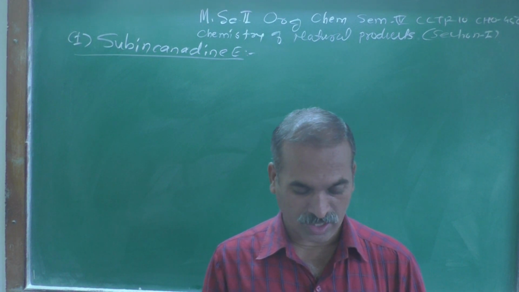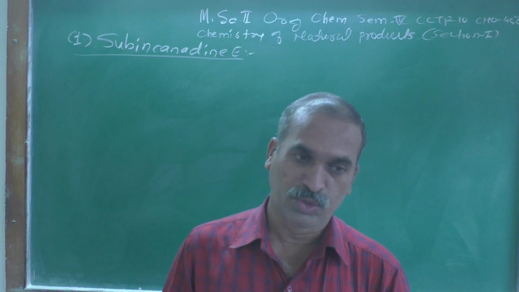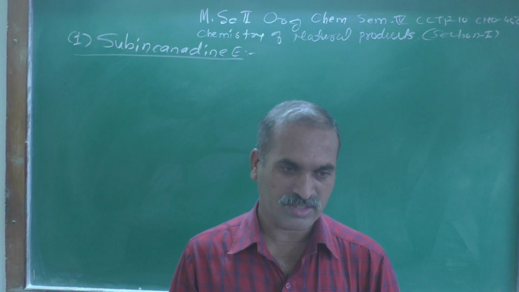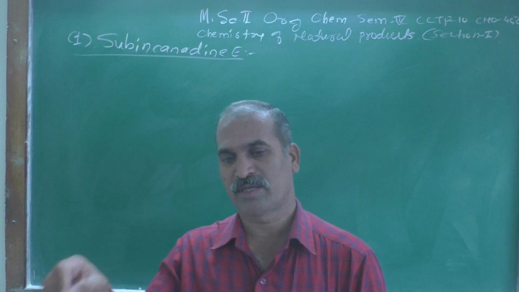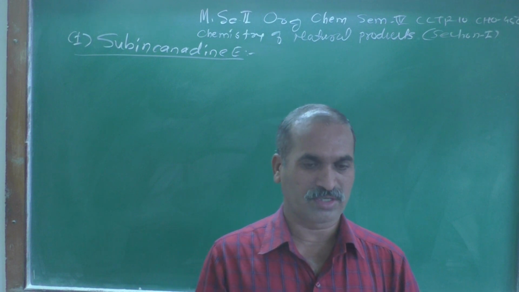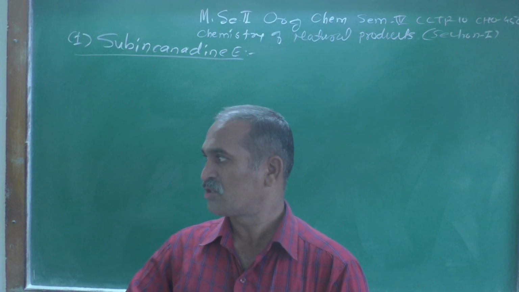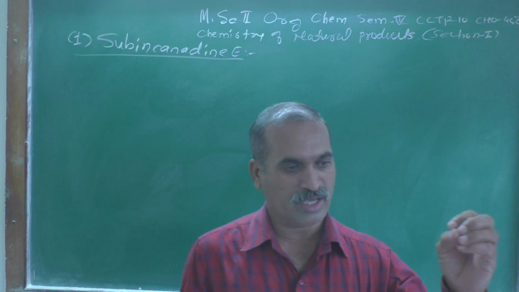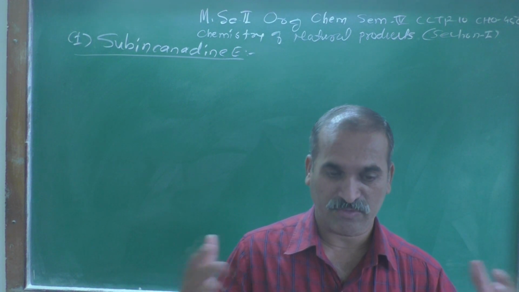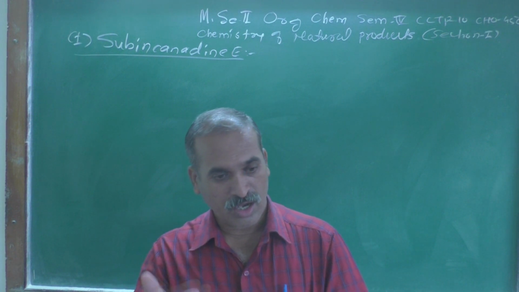So there are two types, 1,2 addition of Grignard's reagent. And do you know what Grignard's reagent is? Grignard's reagent is nothing but RMgX. This is the general formula of Grignard's reagent. It is an organometallic compound because here the magnesium metal is attached to the carbon atom, and therefore it is an organometallic compound.